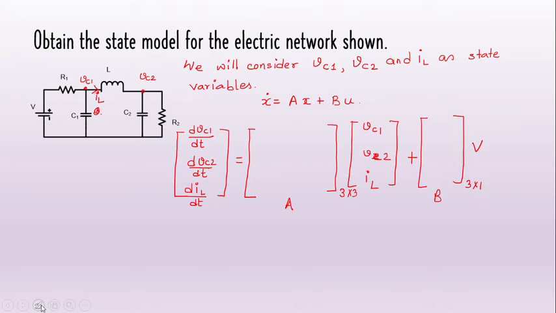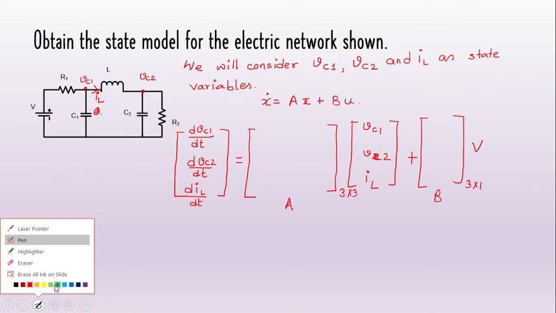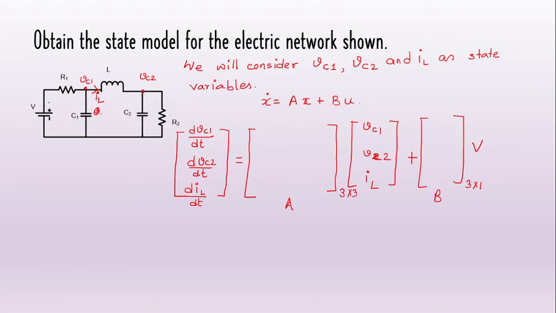First, let us consider the current flowing through this branch. I am considering the nodal equation. Let this be my I1 current, this is IL, and suppose this current is IC1.